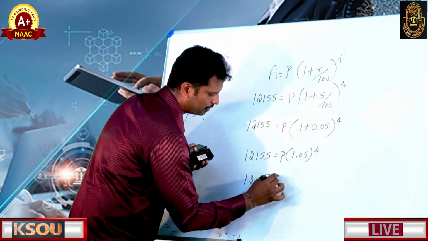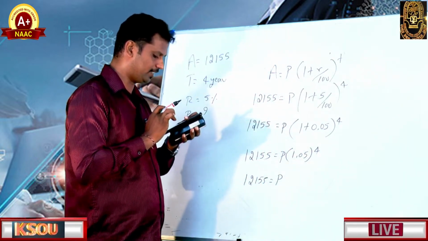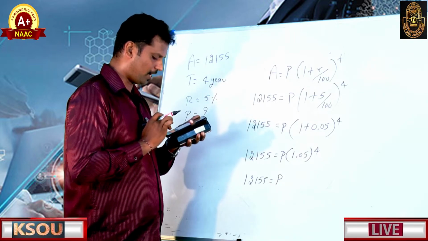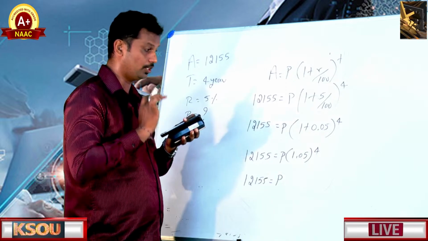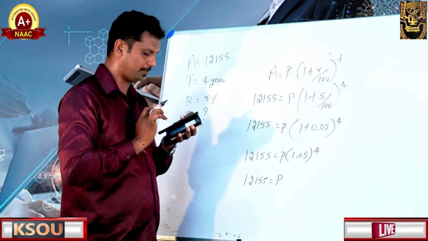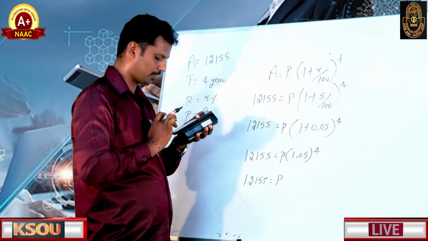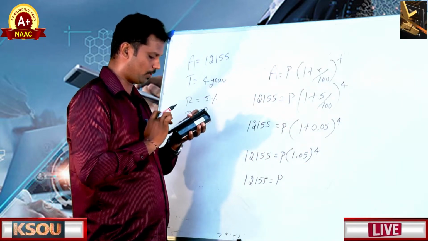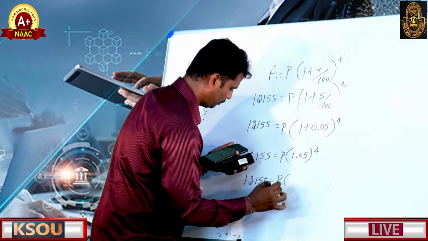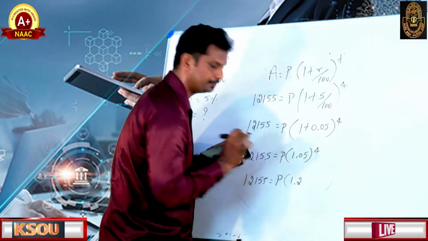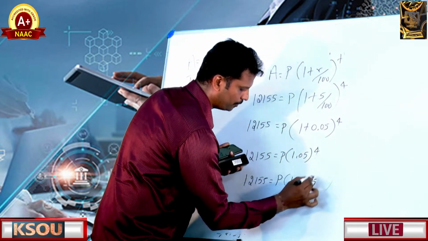How to calculate? You will know very clearly. Use your calculator. 1.05 into 1.05, it should be multiplied 4 times. Remember, because the power value will be 4. 1.05 into 1.05, 4 times. What is the value? The value is 1.2155.